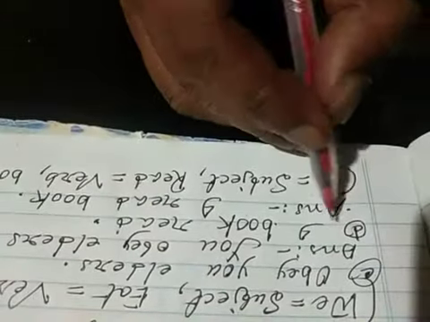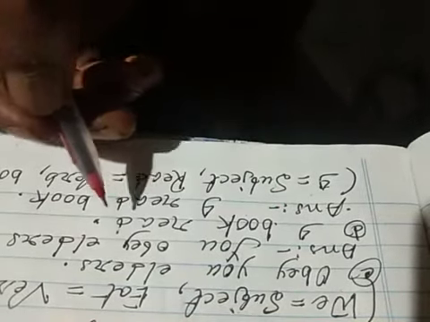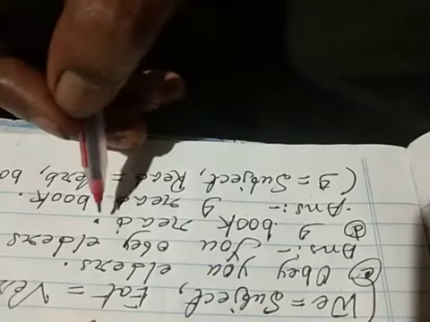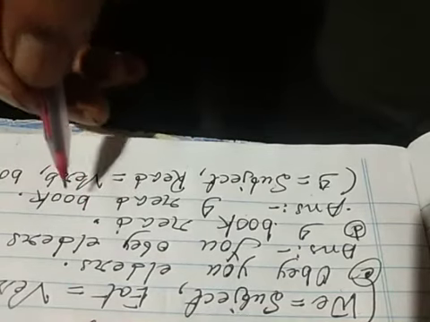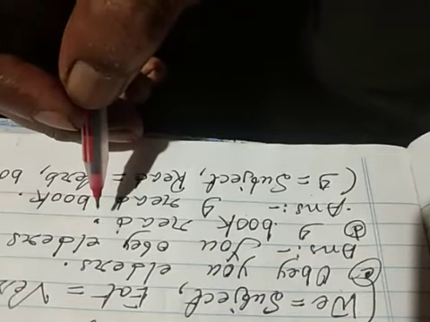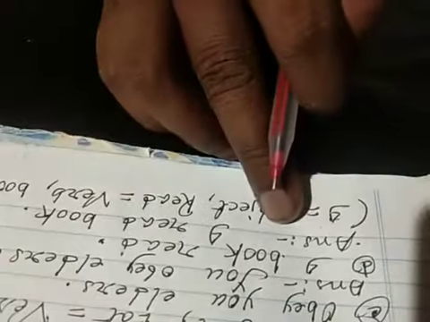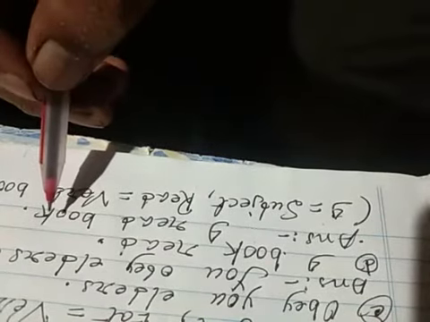Question number D. I, book, read. These words are arranged in wrong order, so we have to arrange the words in right order or in grammatical rules. Answer: I read book.